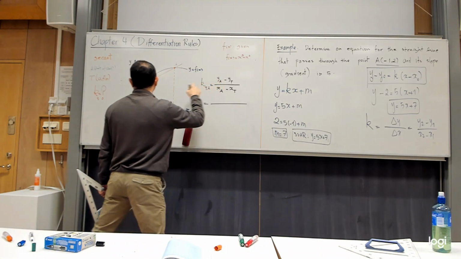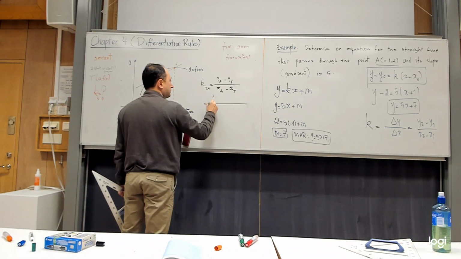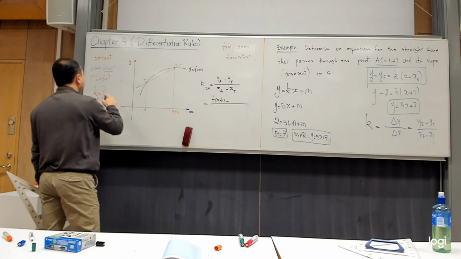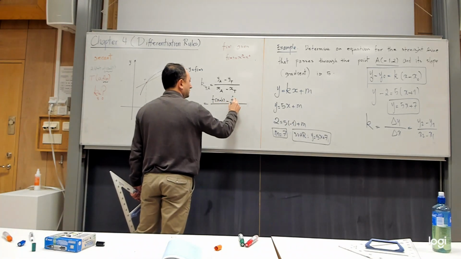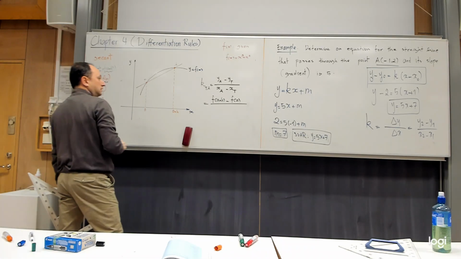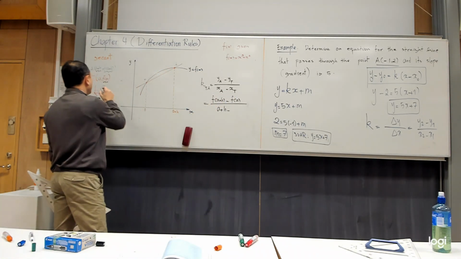Instead of y of A, I can put f of a plus h. Instead of y of T, I can put f of a. Instead of x of A, it becomes a plus h. And instead of x of T, I can put a in.